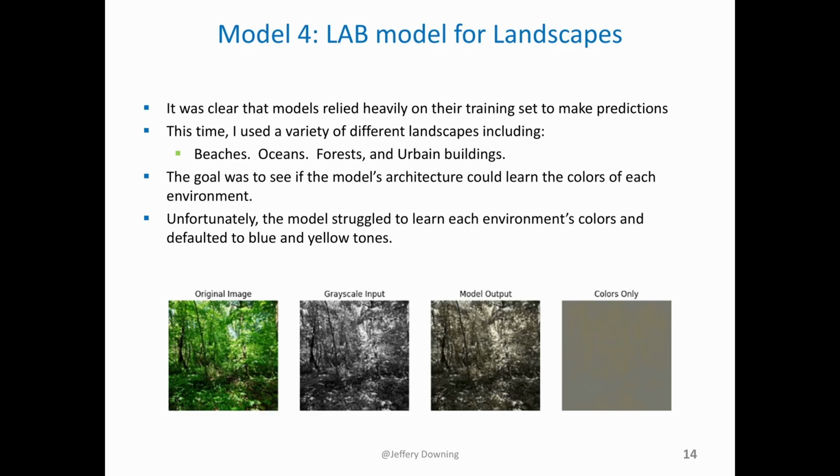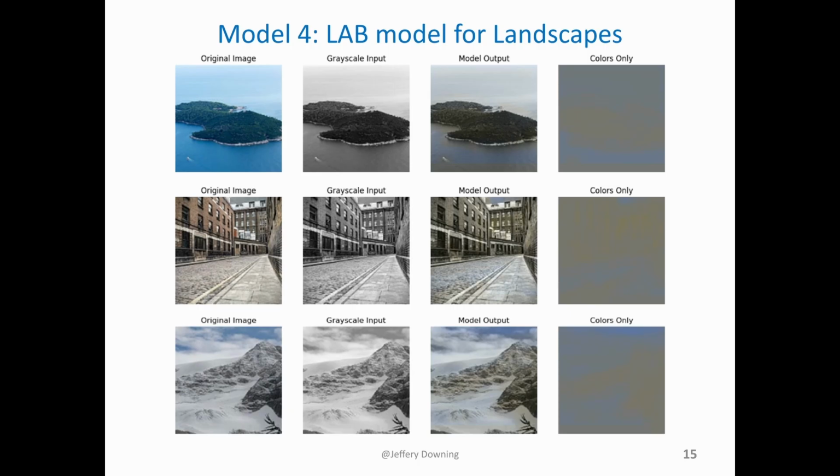So here you can see an image of a forest with lots of green plants, but the model was unable to color it in and just colored it in a brown color. So here's a couple of other examples. The first is an island. The model did attempt to paint some of the water around it, but didn't really do that well and didn't paint the island green at all.